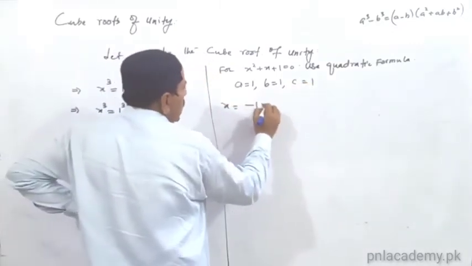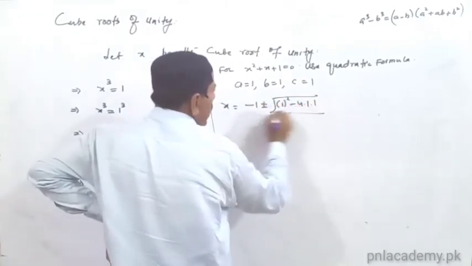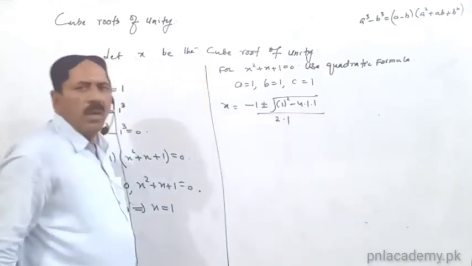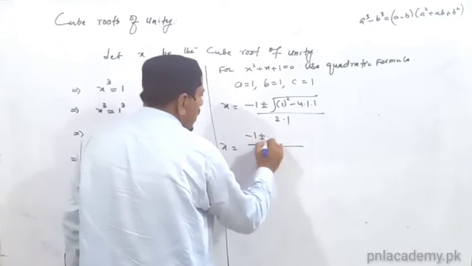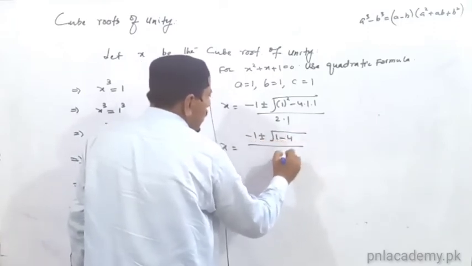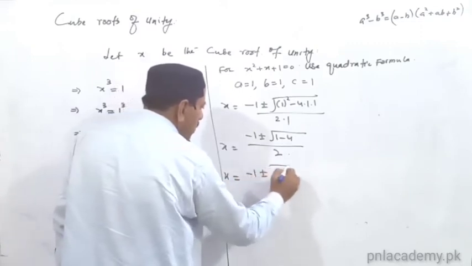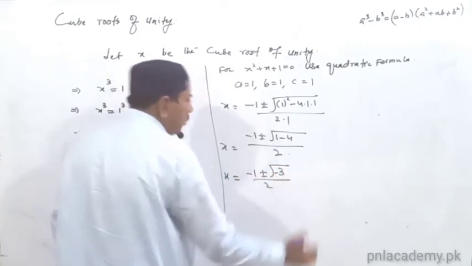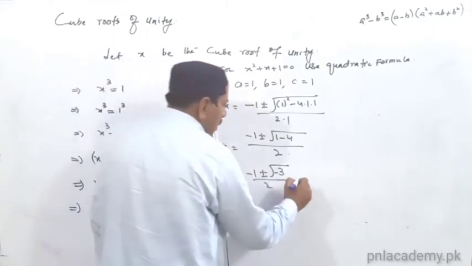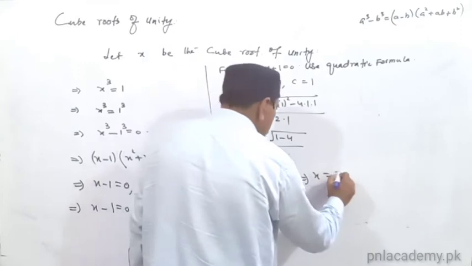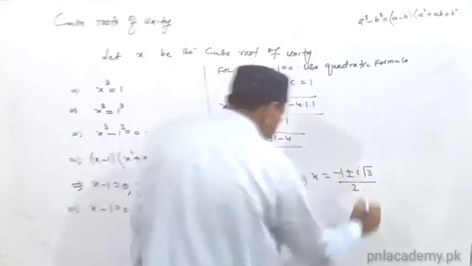X is equal to minus 1 plus minus radical b square, means 1 square, minus 4 into 1 into 1, upon 2 into 1. So x is equal to minus 1 plus minus radical 1 minus 4 upon 2, so x is equal to minus 1 plus minus radical minus 3 upon 2. Minus 3 means iota, so the value of x is equal to minus 1 plus minus iota radical 3 upon 2.